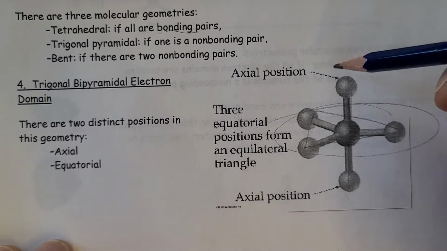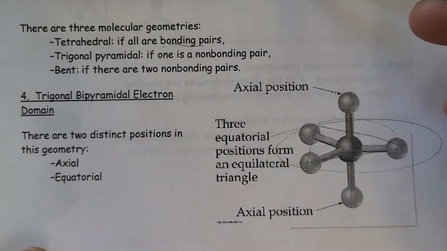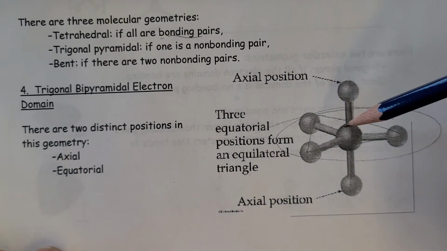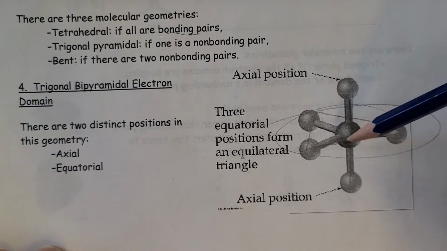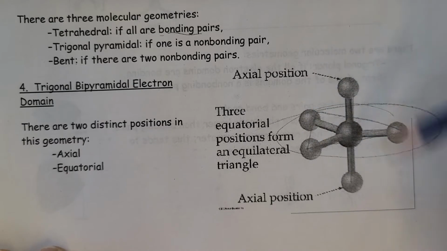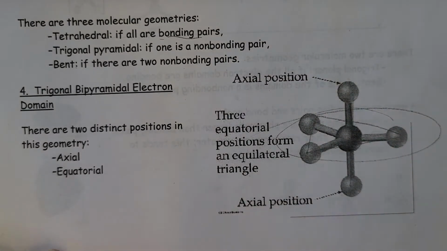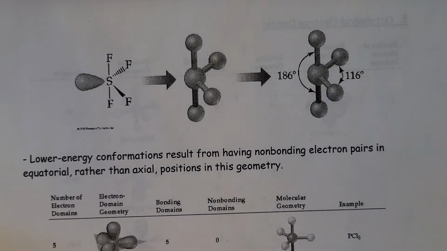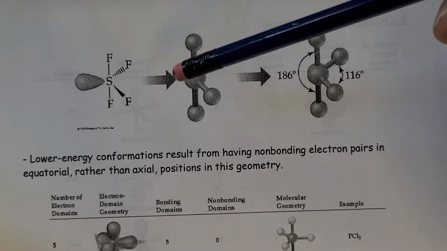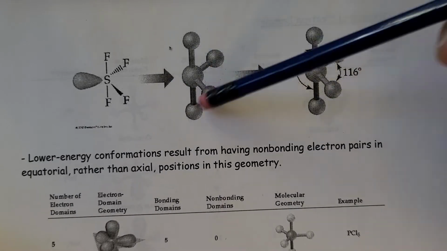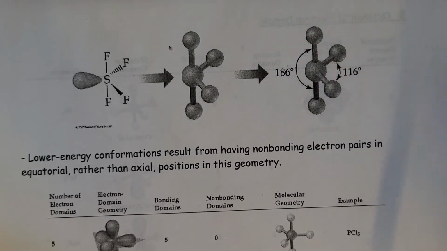So we have 2 shapes that we need to consider when we go above 4 domains around that central atom: an axial position and an equatorial position. And of course, the area that we remove electrons from is that equatorial area there.